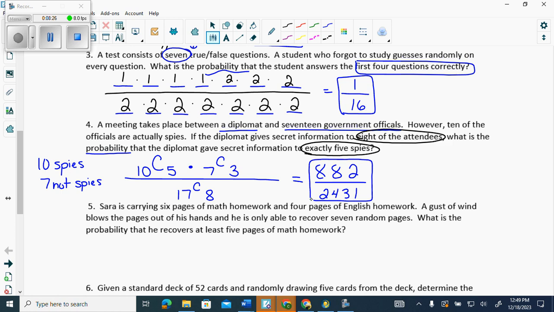If they want it to the nearest hundredth, this would be the answer. If they want it to the nearest percent, this would be the answer. You have to times it by 100. So you give the answer that they asked for on the test. If they just ask for a fraction, you pick it. If they say to the nearest hundredth, they don't say hundredth percent. They say hundredth. You don't times it, right? You just go 0.36 and then 100% times by 100.